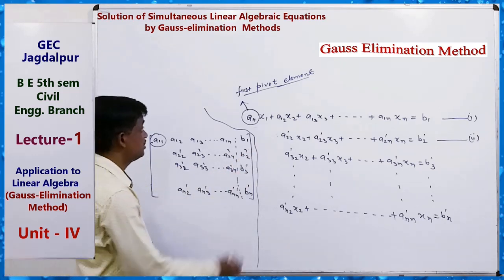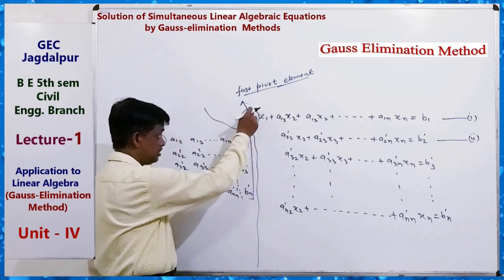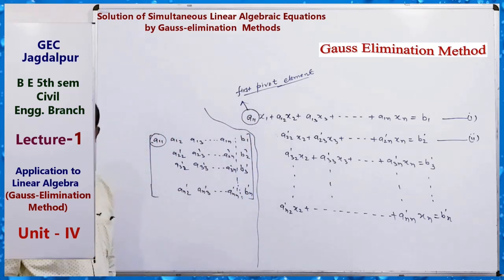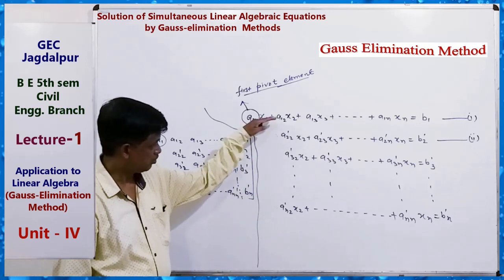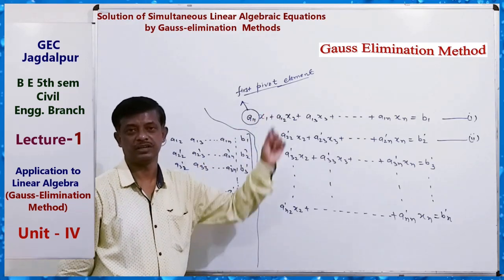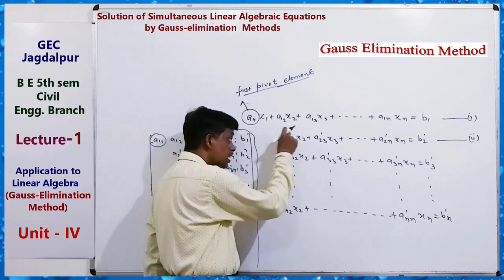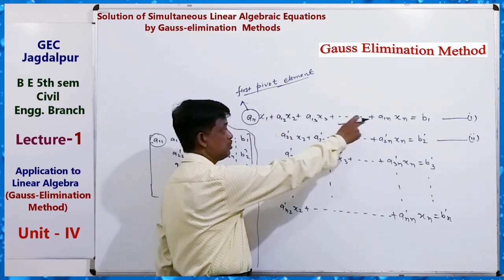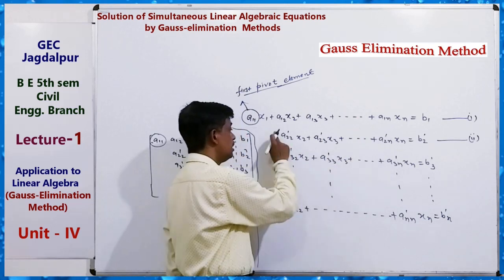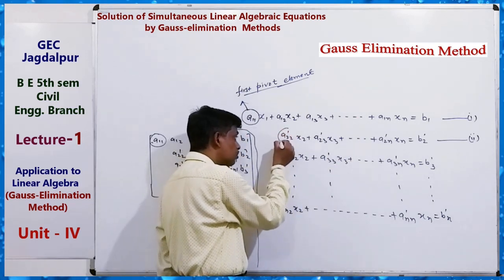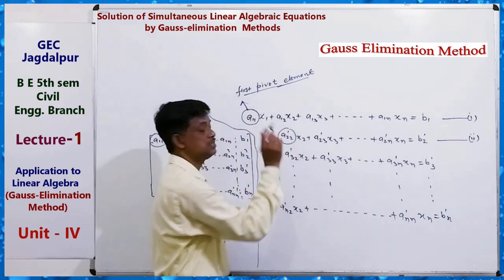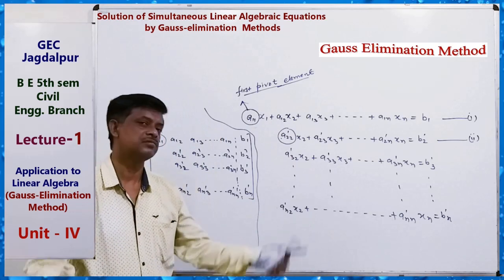Now take this first pivot, by which element we eliminate the equations below the first pivotal equation. Now this is our second pivotal equation. This is the first pivotal equation, this is the second pivotal equation, and if this is not equal to 0, then just do the same process.